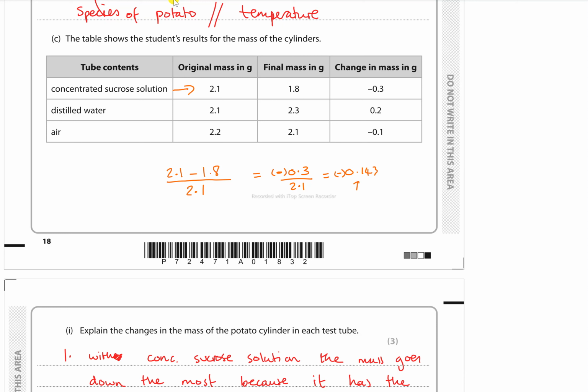And then to turn that into a percentage, multiply by 100. So the percentage change is minus 14.3%. So now we need to decrease the length. What was the original length? 5 centimeters.